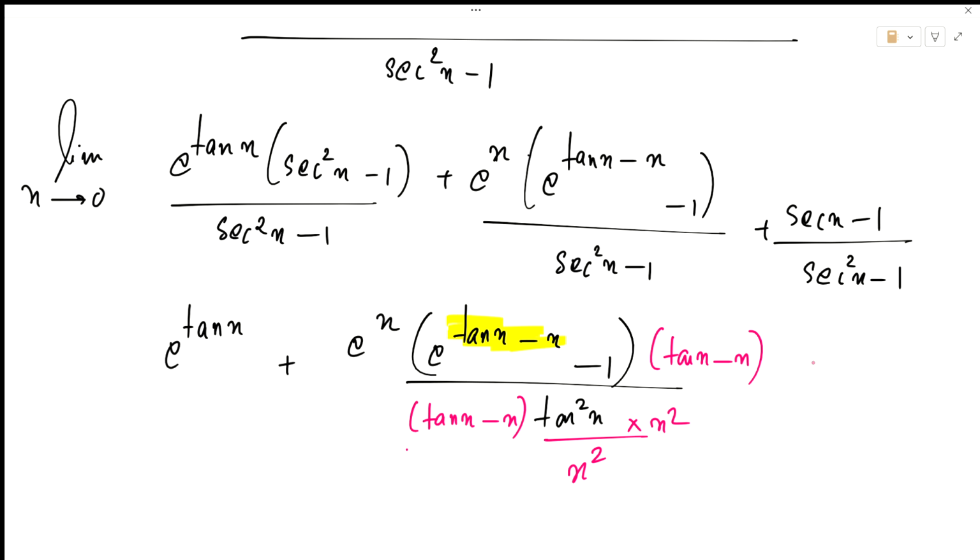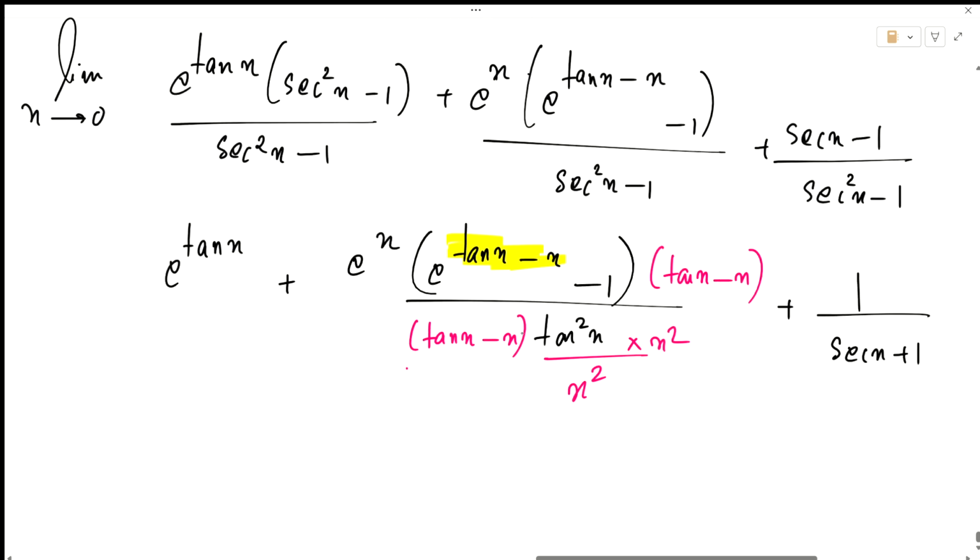Over here, if you factor this out, we are going to have sec x minus 1 upon sec square x minus 1, so we are going to have 1 by sec x plus 1. Now if you see, e to the power tan x and e to the power x, this whole part becomes 1 when you put the limit.